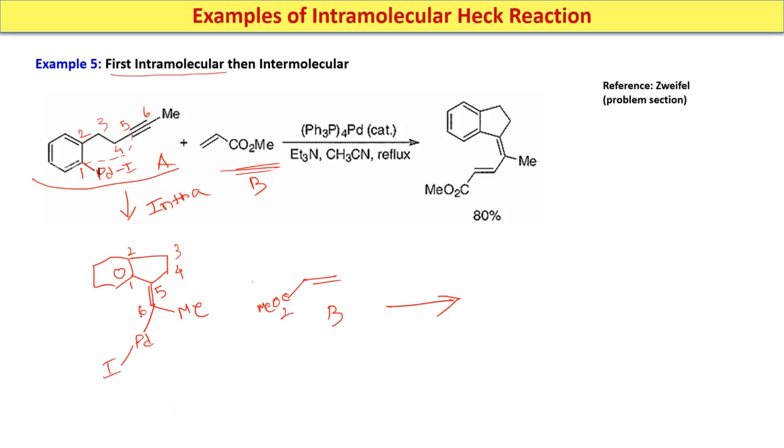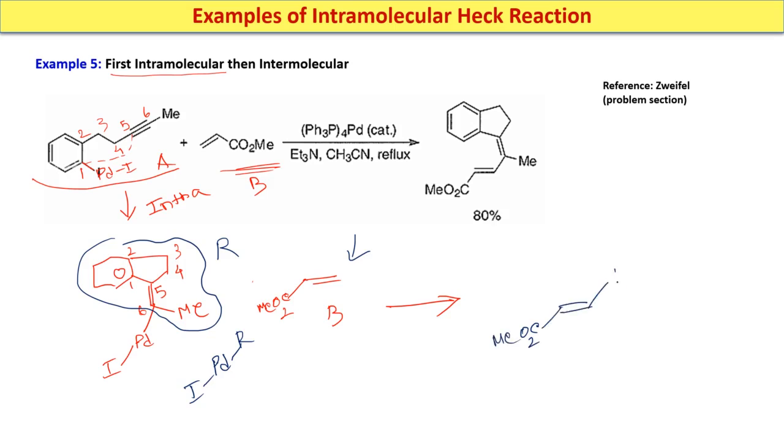See here, this full moiety, if we consider it as R, as if it is I, Pd, R. Now this R will be inserted here. So the molecule will be CO2Me attached to the double bond, and as you can see, this is our R. So in the product side, that molecule you are seeing here is basically the R group.